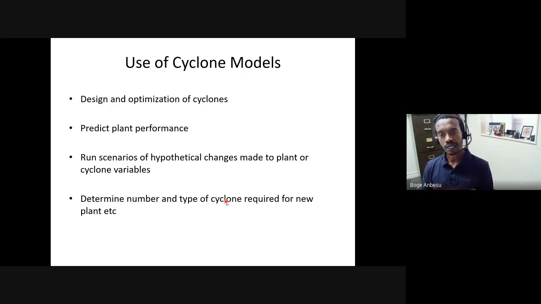So what are the trade-offs? On capacity, on performance, on cut size, on efficiency, you can work those scenarios as well. And even before you have a plant on site, you can predict how many cyclones you would require, for example, for a typical capacity of a plant.